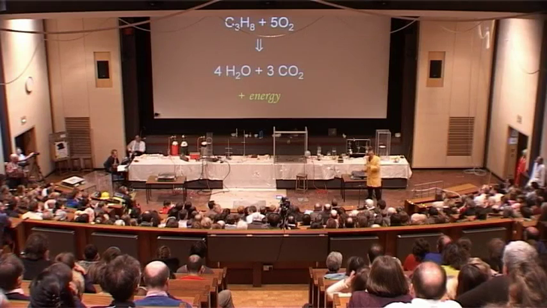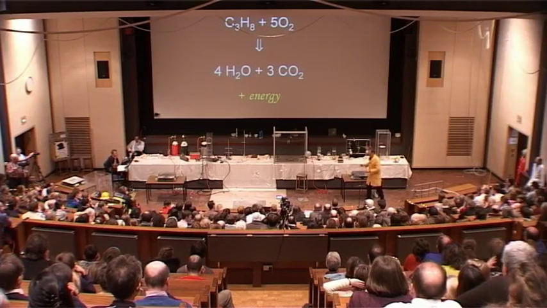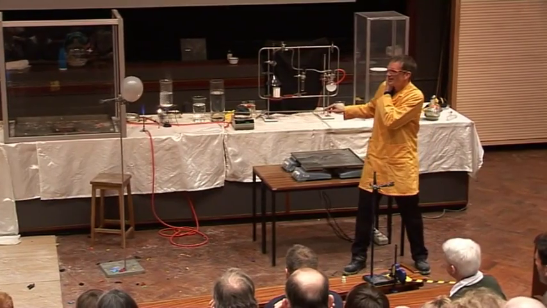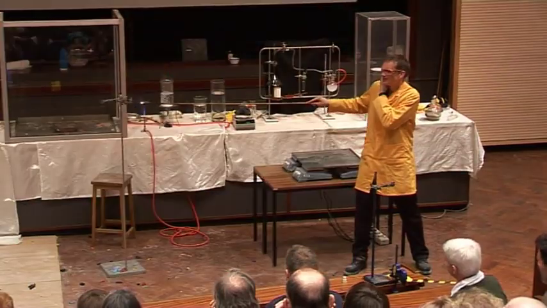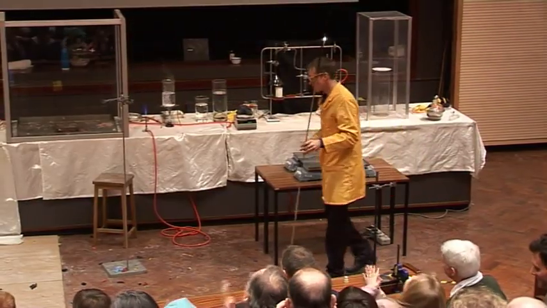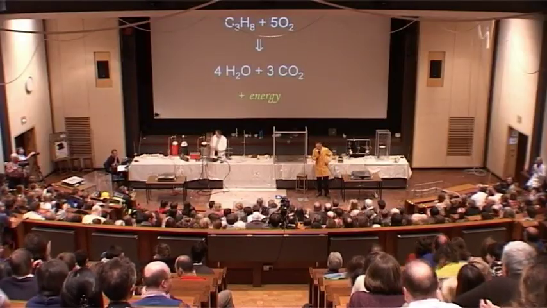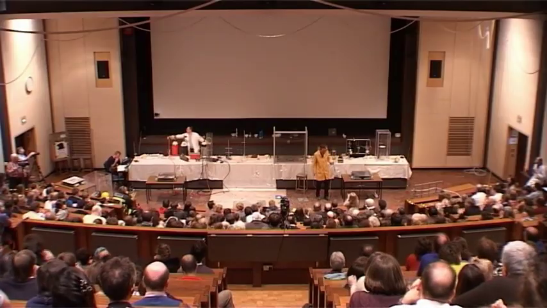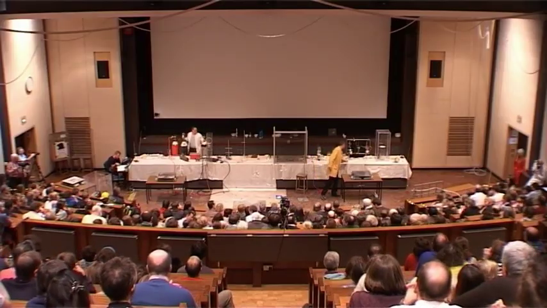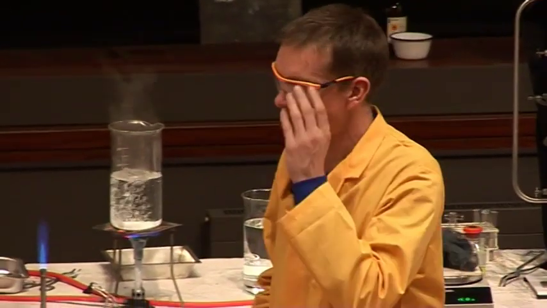It probably will, so if you don't like bangs, I suggest you put your fingers in your ears, okay? Are you ready? Right. So we've used chemistry there to balance the equation and get the best bang.